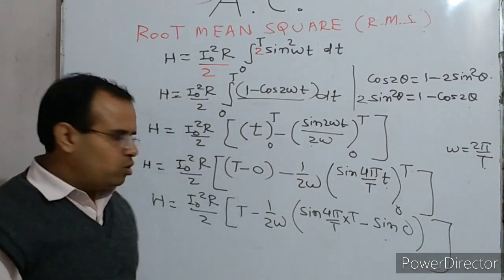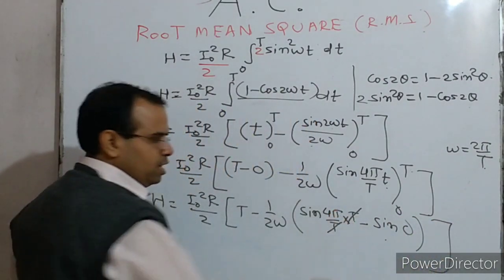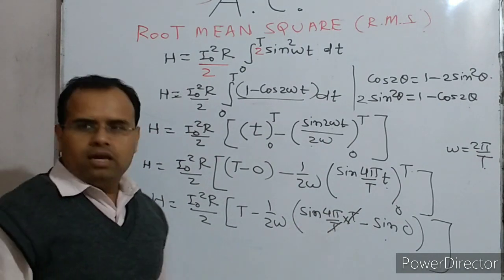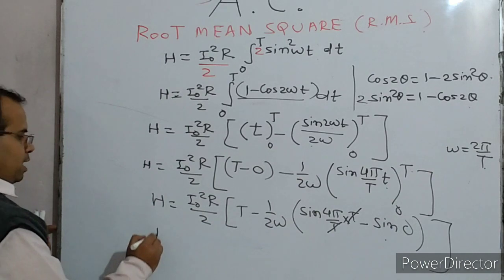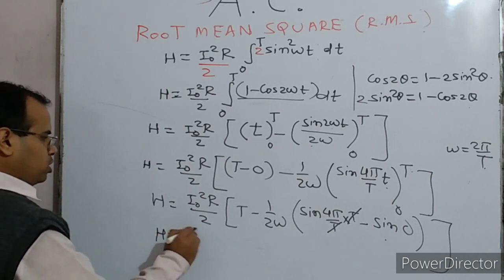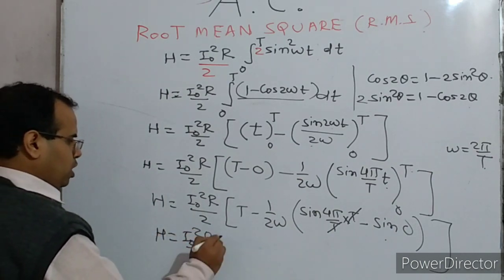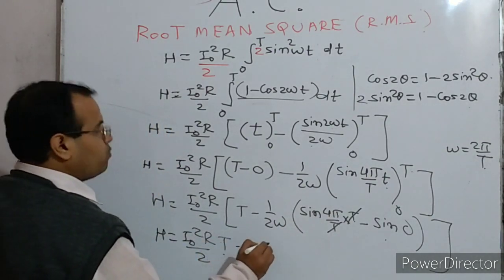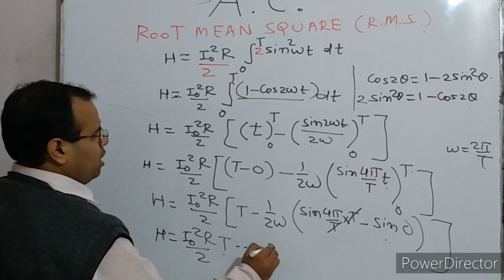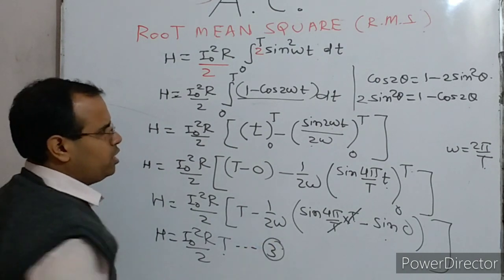Sine 0 is 0, capital T and capital T cancel, so sine 4 pi. Sine 4 pi is also 0, so you will get H is equal to I naught square R by 2 times capital T, because the entire second term is 0. So this is equation number 3, I think.